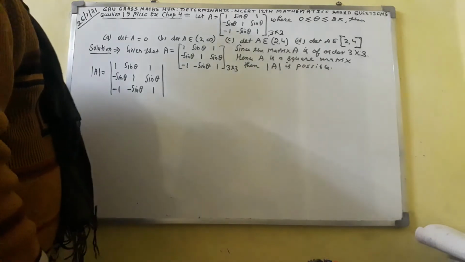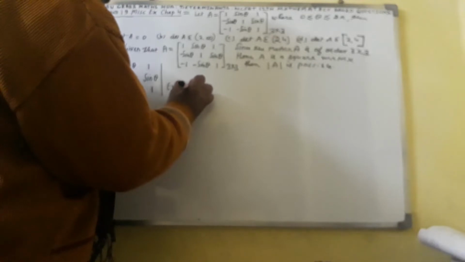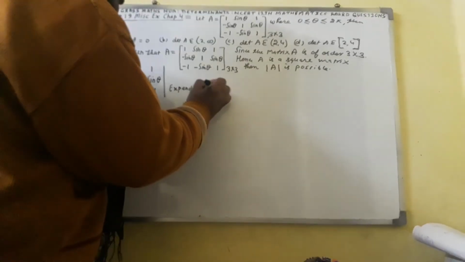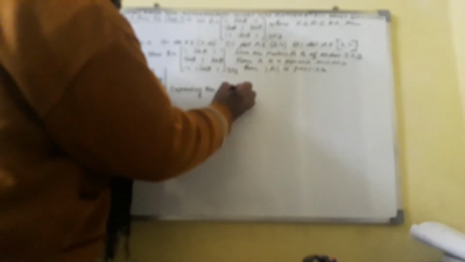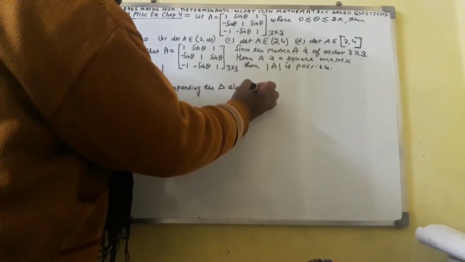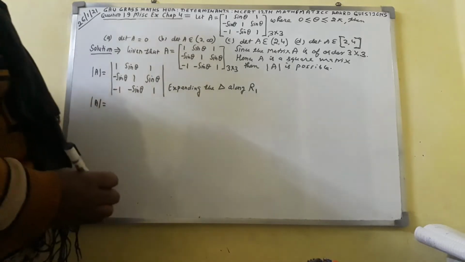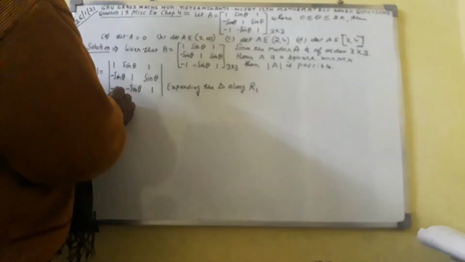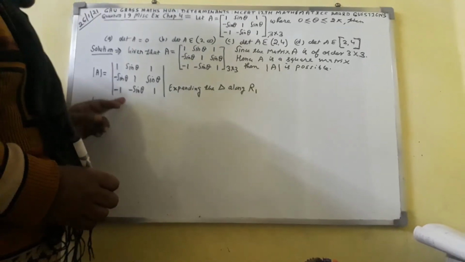So here I shall write, expanding the determinant along R1, I shall get det A equal to, with signs plus, minus, plus. Here write minus 1 raised to the power.